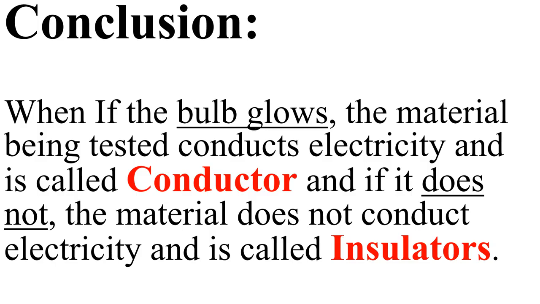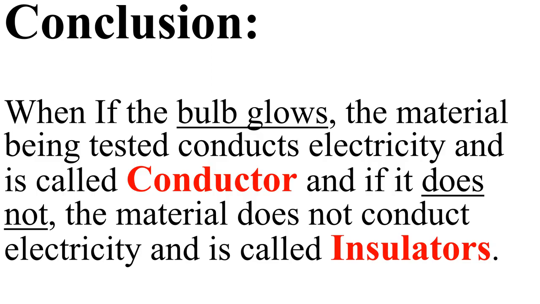So, conductors are the materials which allow electricity to pass through them, and the bulb glows when the electricity passes through them.